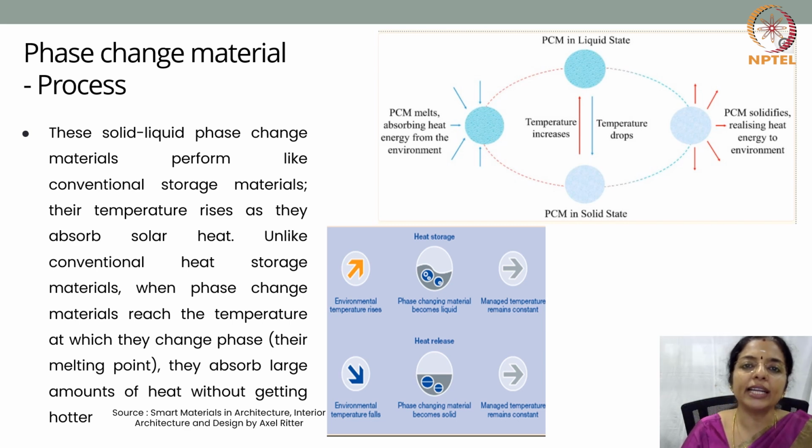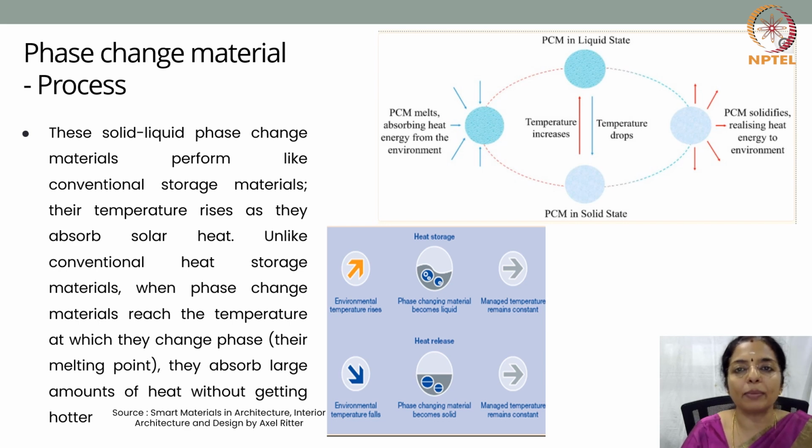These solid liquid phase change materials perform like conventional storage materials. Their temperature rises as they absorb solar heat. Unlike conventional heat storage materials, when phase change materials reach the temperature at which they change their phase, which I will call the melting point, they absorb large amount of heat without getting hotter.